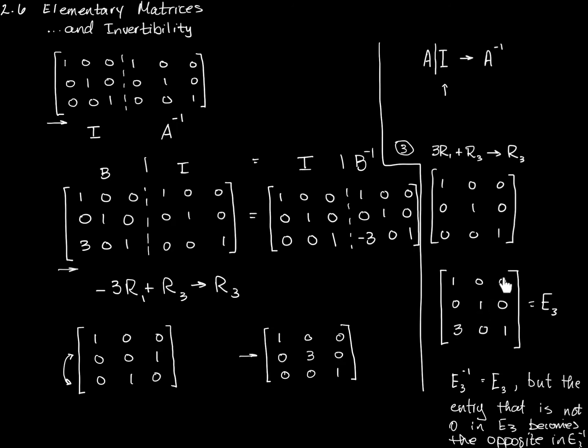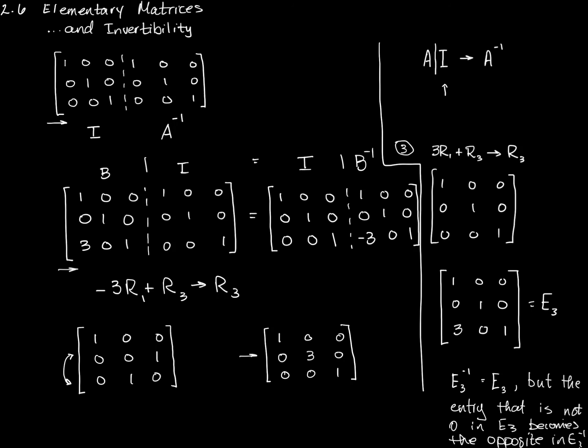For that entry, wherever it happens to be in the matrix, the inverse of this matrix is identical to this matrix, except that this number will be its opposite. And that's what we found here, right? This was the inverse of that matrix. The first two rows are the same. In the third row, the last two entries are the same. This so-called wrong number in E3 eventually became -3, the opposite of 3 in the inverse of that.